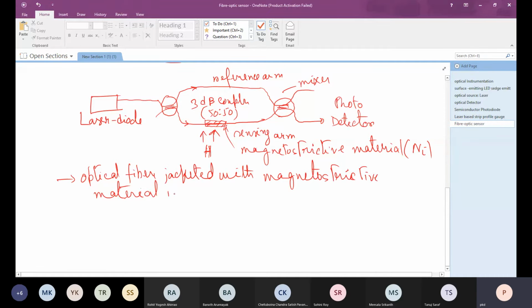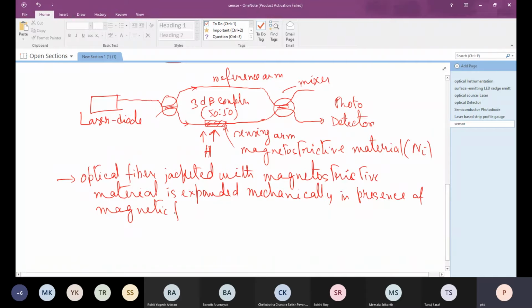Magnetostrictive material is expanded mechanically in presence of magnetic field. So that induces strain.